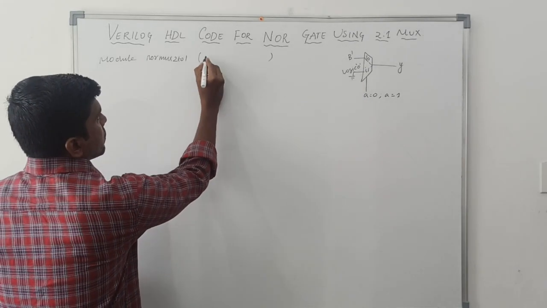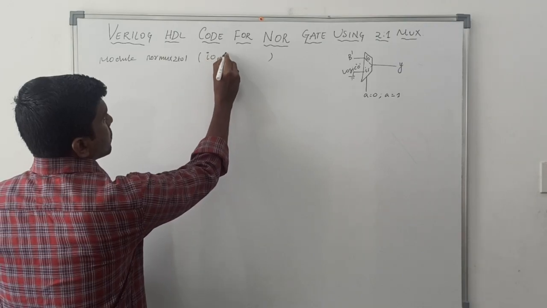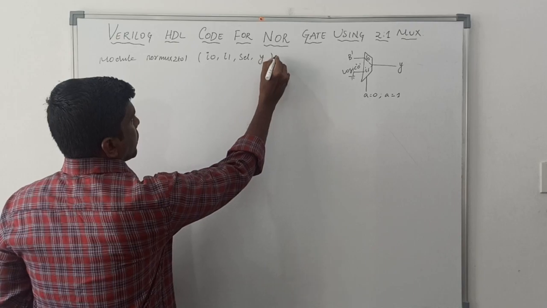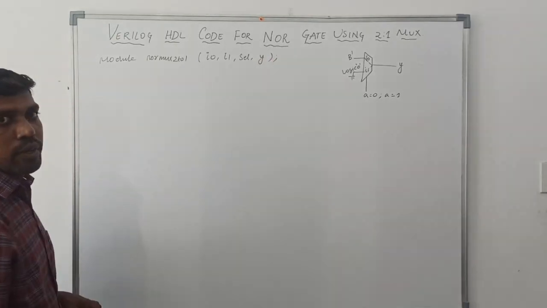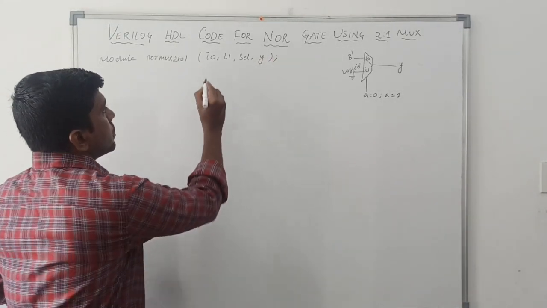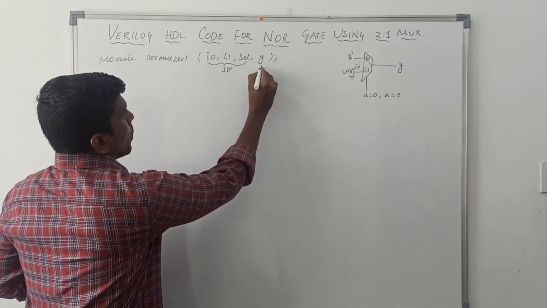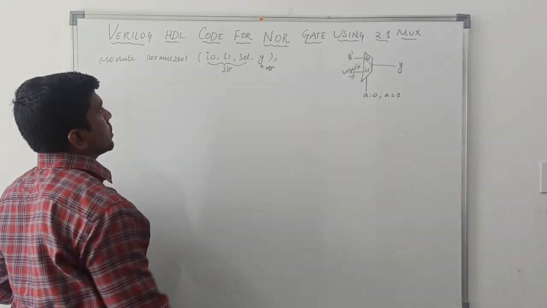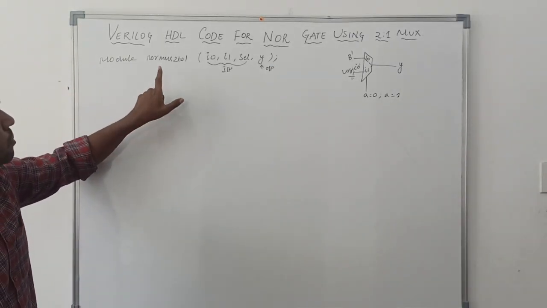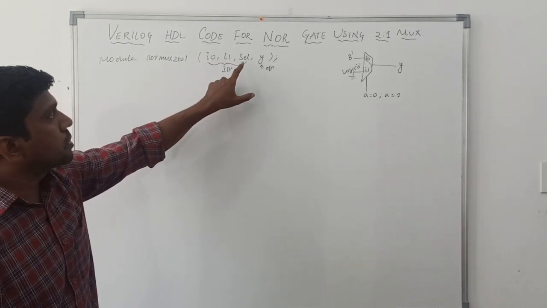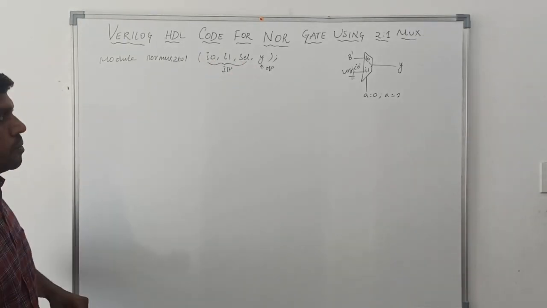I noted them here: I0, I1, selection line, then Y. Among these four variables, these three are used as inputs, and Y is considered the output. So first you write the module name, then the declaration of variables I0, I1, selection line, then Y.